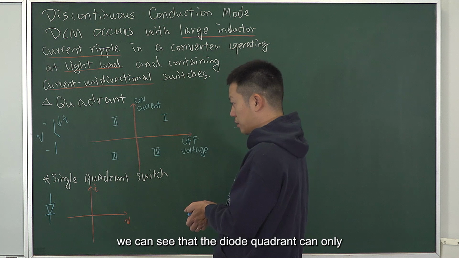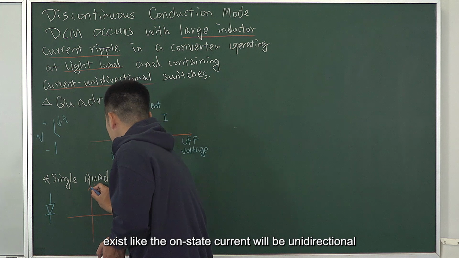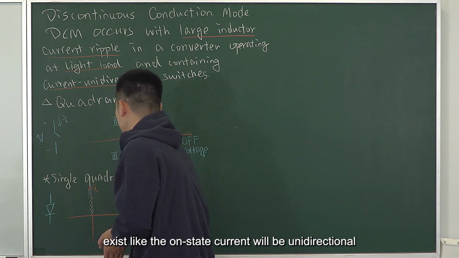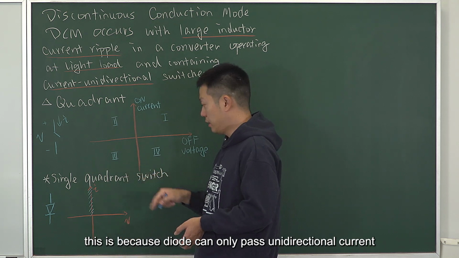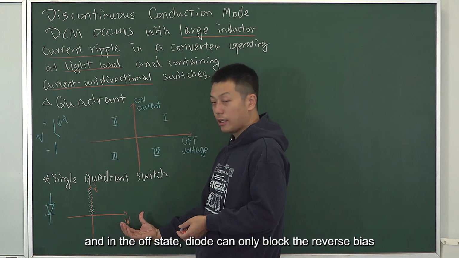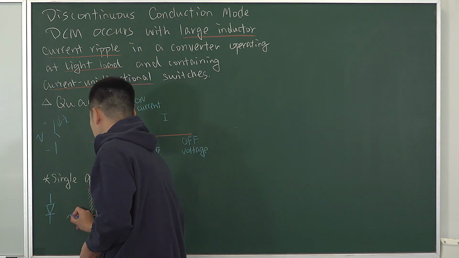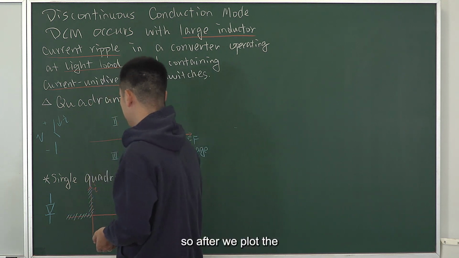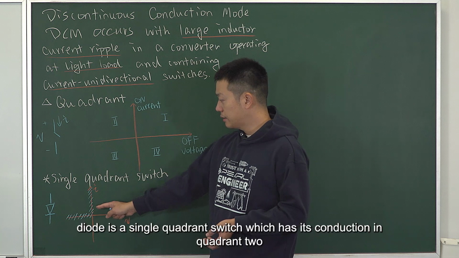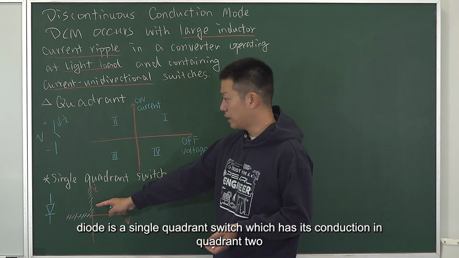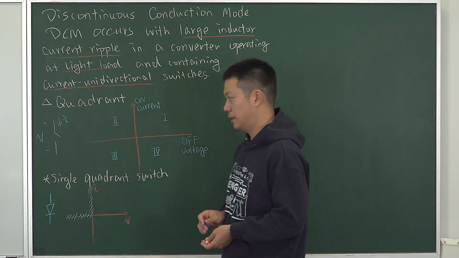We can see that the on-state current will be unidirectional, right? This is because a diode can only pass unidirectional current. And in the off state, the diode can only block the reverse bias. So after we plot the quadrant behavior of the diode, we can see that the diode is a single quadrant switch which has its conduction in quadrant 2.